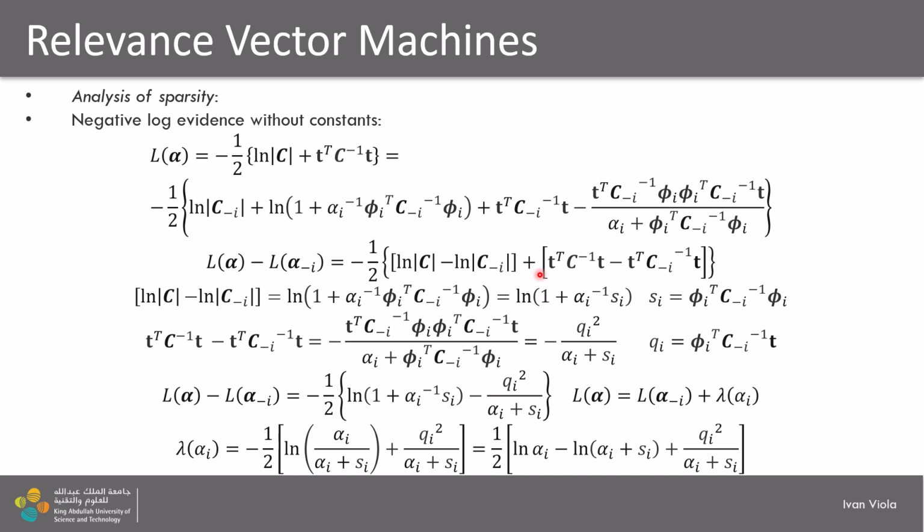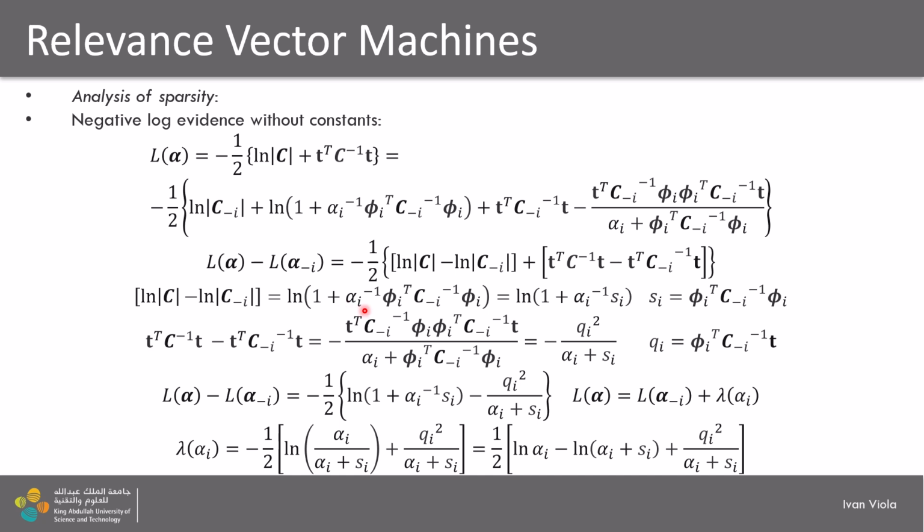And we can see that this difference, in fact, here is, so if we perform this minus this, this ln C is expressed here. And we already have the ln C minus i here. So if we subtract this, this is the difference. So we can also express it.